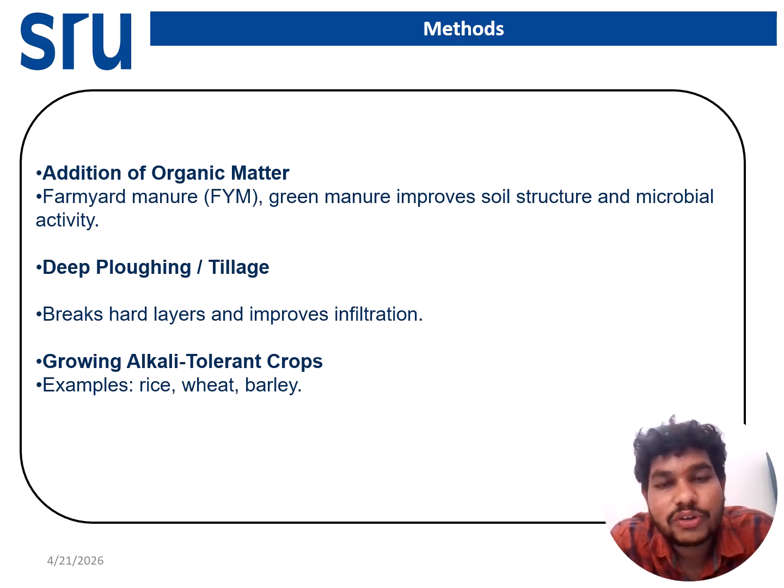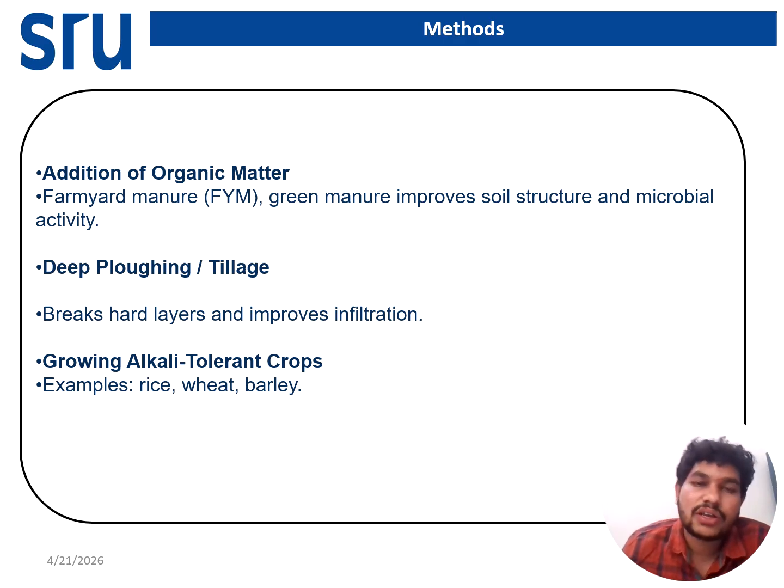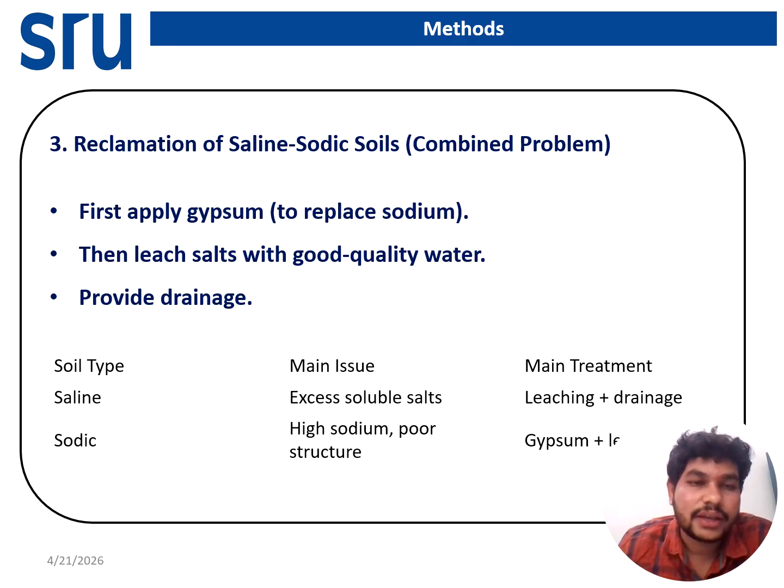Because it improves the structure and microbial activities, and it also releases acid. That acid will solubilize the sodium carbonate, so the sodium content will get reduced and soil structure will get improved. If soil structure improves, water infiltration and percolation will increase, so the sodium can be removed faster, and the efficiency of reclaiming sodic soil will increase.